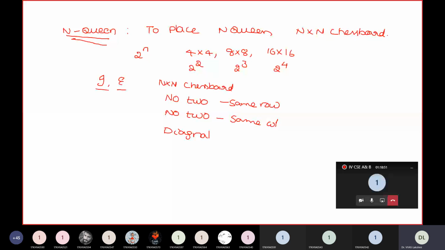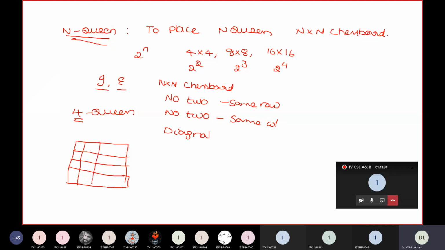So these are the constraints and conditions. Here I am going to take the 4 queen problem. So the chessboard size is 4 by 4, because the number of queens is 4.